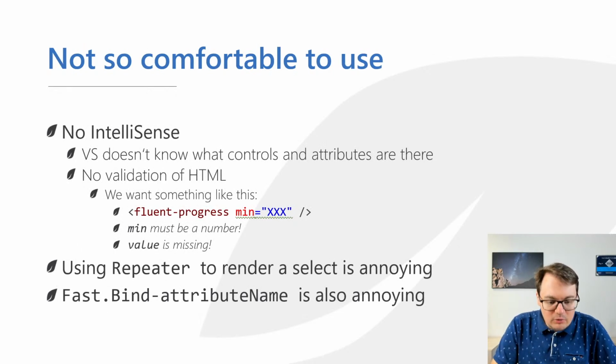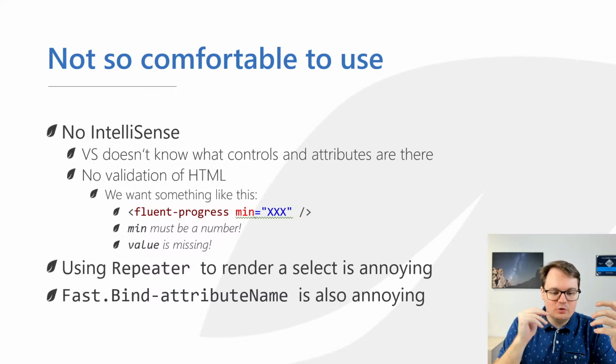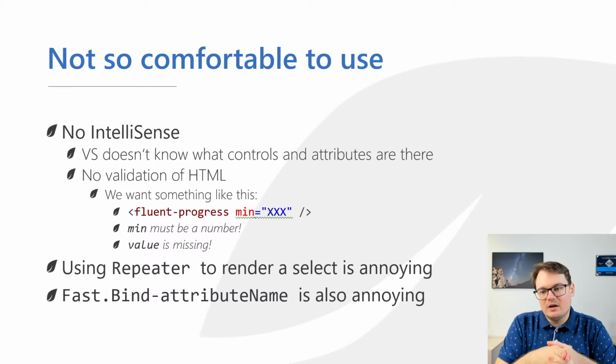The only problem with the Fluent UI web components, or web components in general, is that it's difficult for IDEs to get enough metadata to give you reasonable IntelliSense. For example, if you use the Fluent progress element, there needs to be something that will tell Visual Studio, okay, this element supports these attributes, and these attributes have the following limitations, like the min value of the Fluent progress can only be a number.